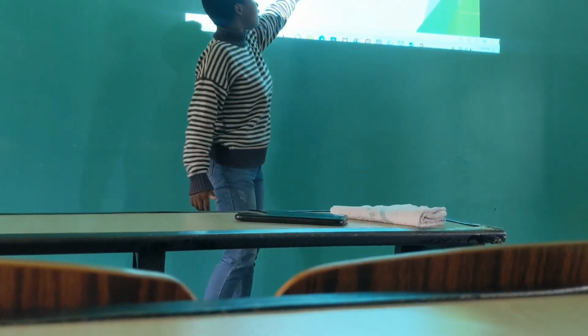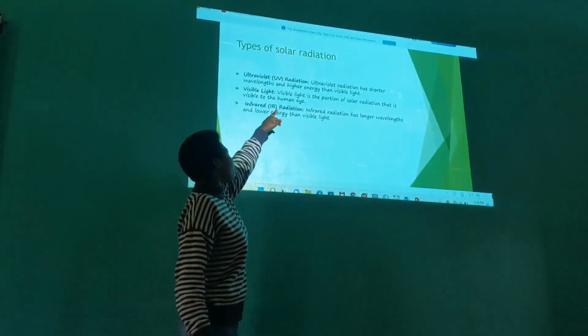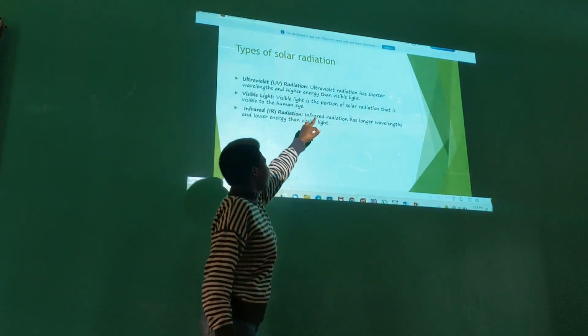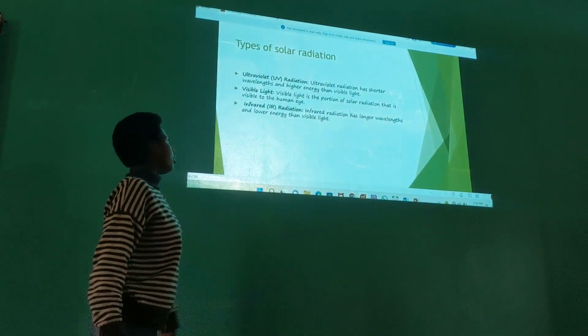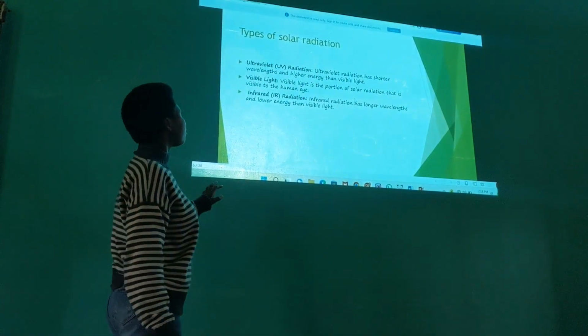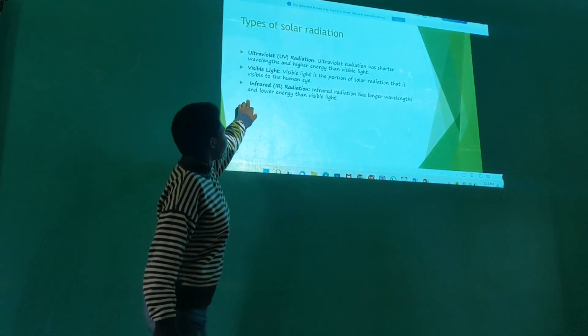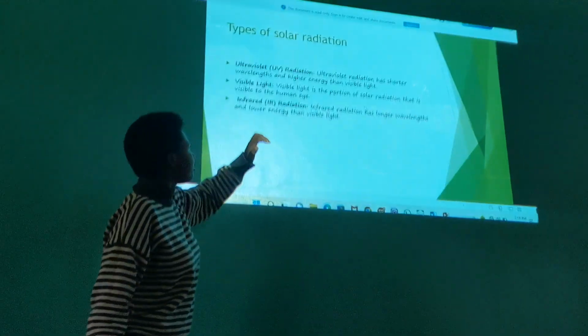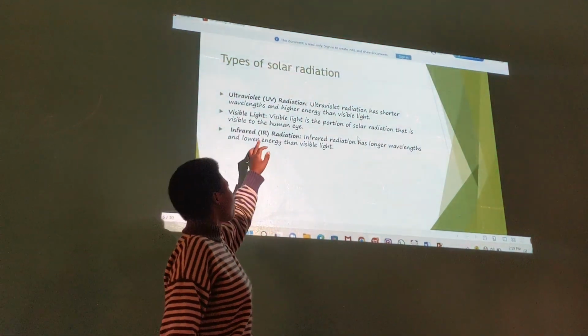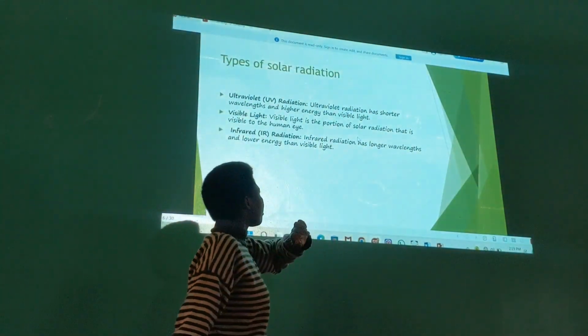This visible light has a longer wavelength and lower energy than ultraviolet radiation. Finally, we have infrared radiation, or IR.